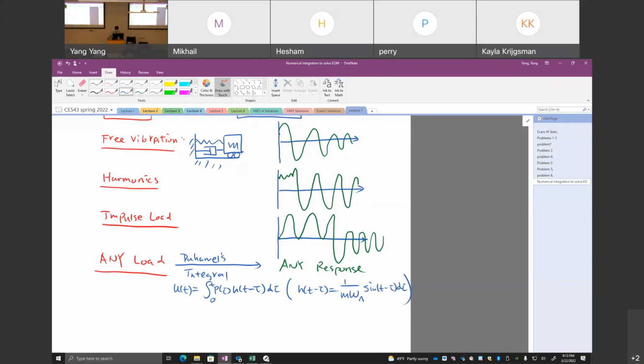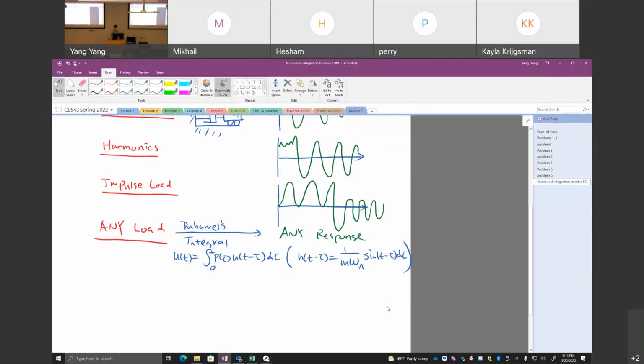It sounds very straightforward theoretically, but all of you have already seen how challenging it can be if you want to use Duhamel's integral to find the response of the system, even if you are given a sine wave impulse. How much time will it take to do the Duhamel's integral?